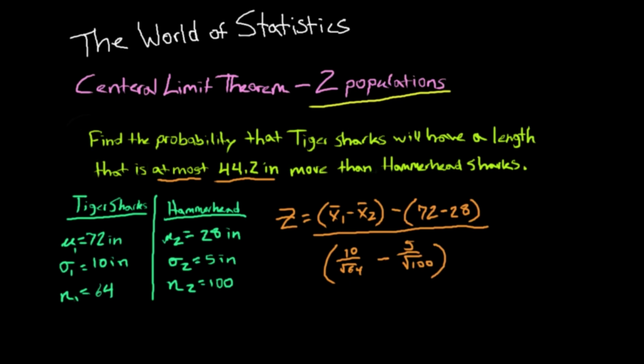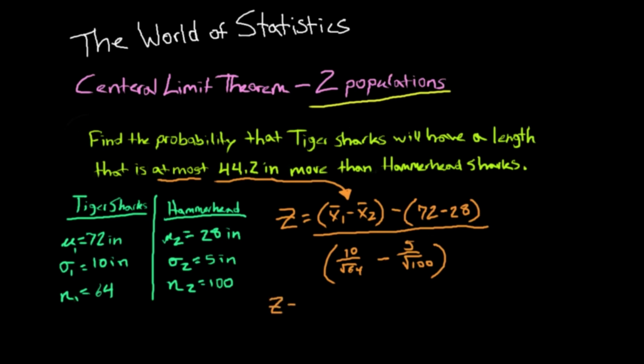Again, in this example, it's at most 44.2 inches, so that 44.2 inches is what fits into our x1 minus x2 spot, because that is what we are looking to get a z-score of, the probability of this.